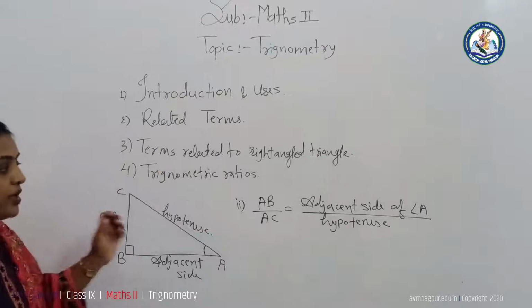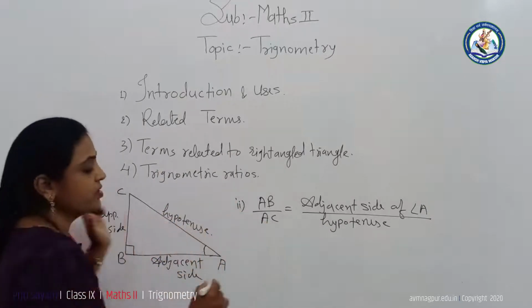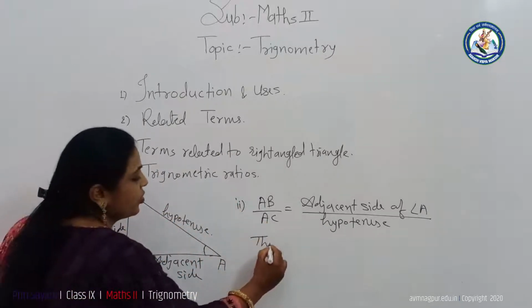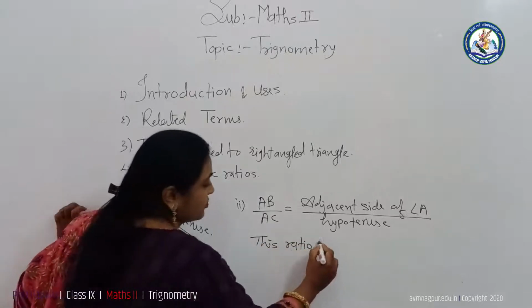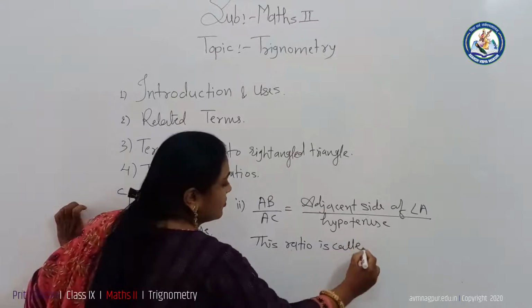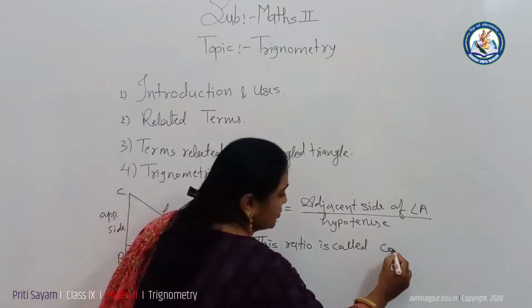So this ratio, adjacent side upon hypotenuse, is called the cosine ratio.